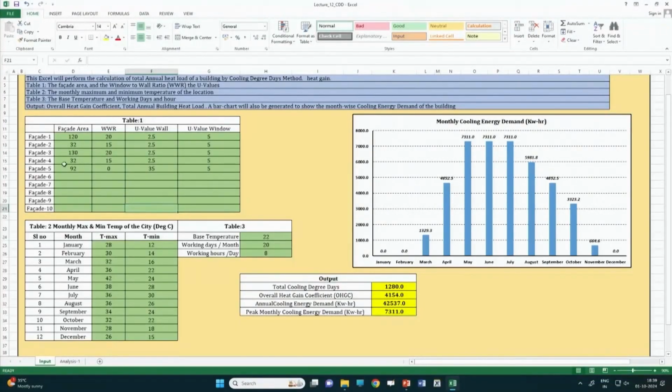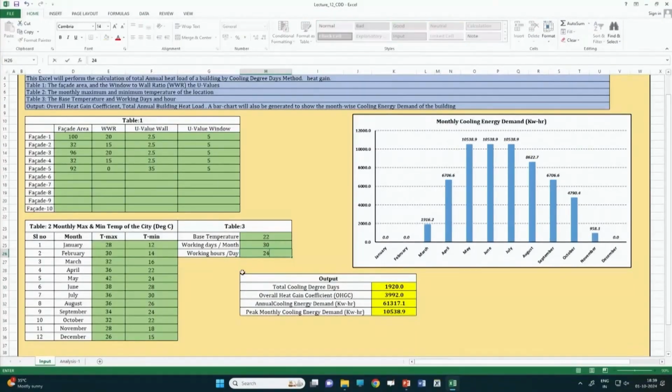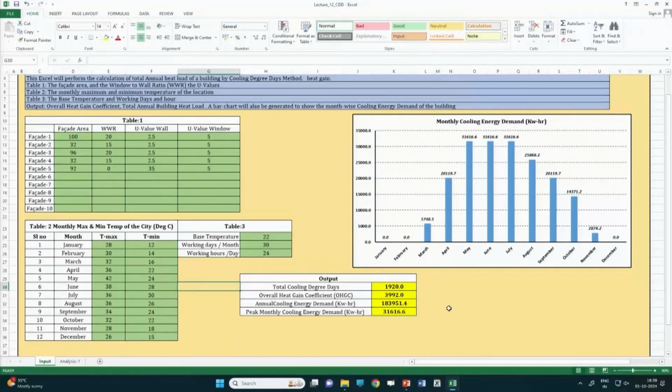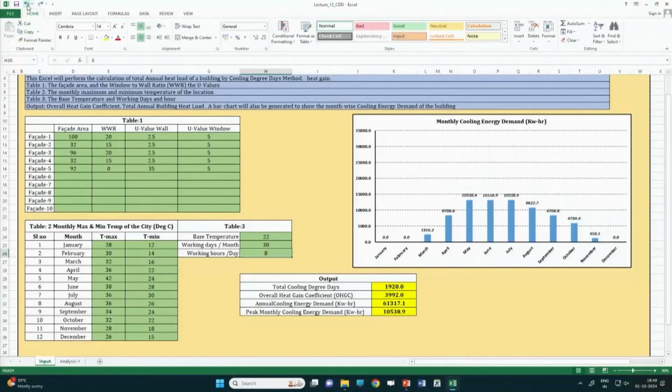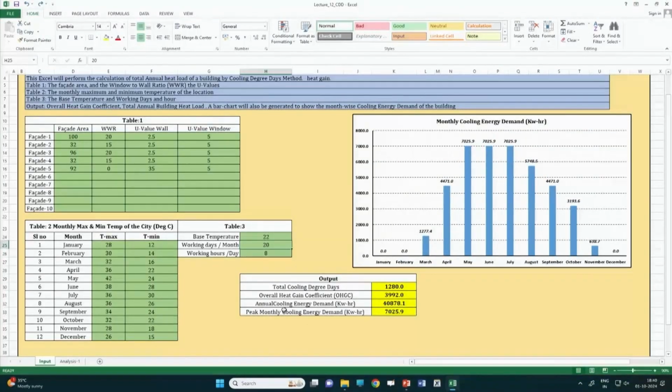So, by virtue of any change in the facade area, the number of working hours, or number of days, suppose it is a fully 30 days, 24 hours building like a hospital, you see the annual demand coming up to almost 1,83,000, or 1,40,000.